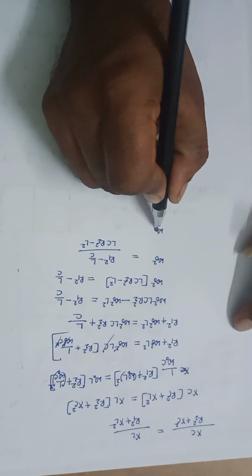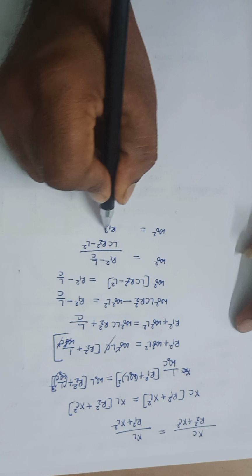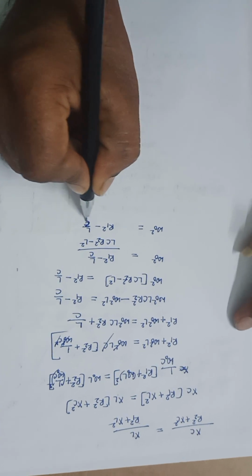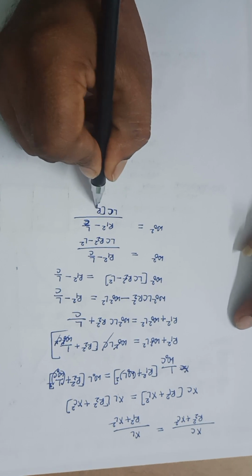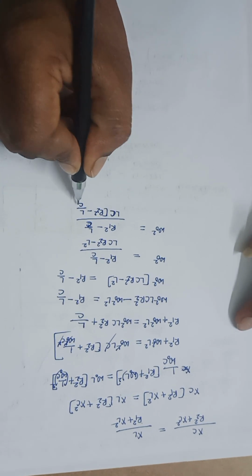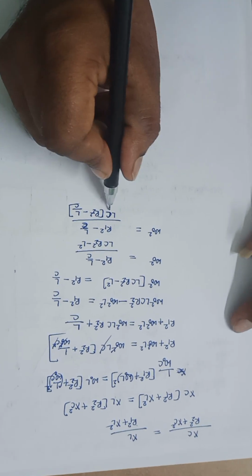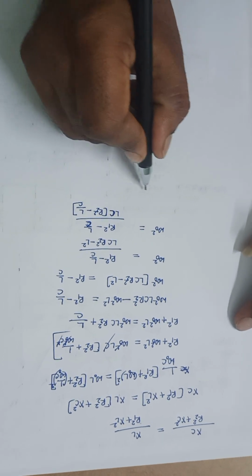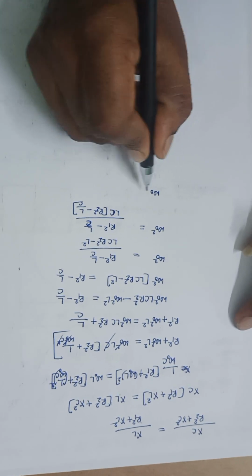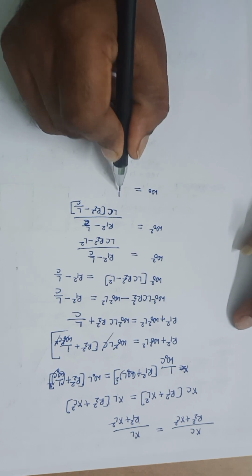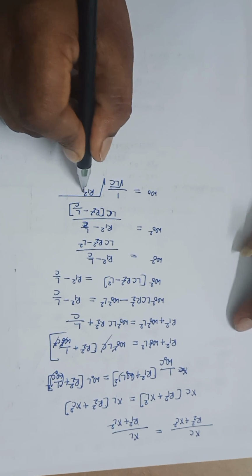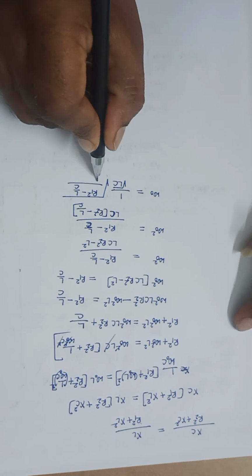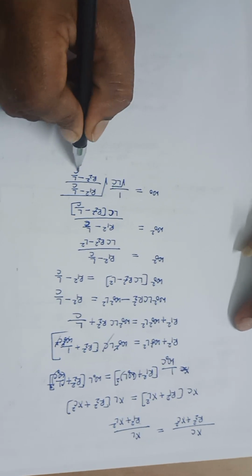Taking LC common, LC times R2 square minus L by C. So omega naught is equal to 1 by root LC into the square root of R1 square minus L by C divided by R2 square minus L by C.